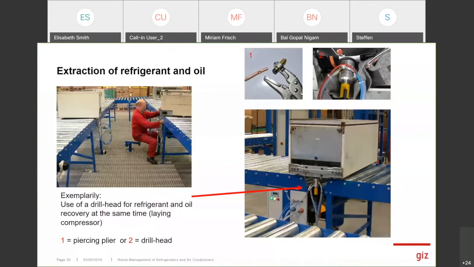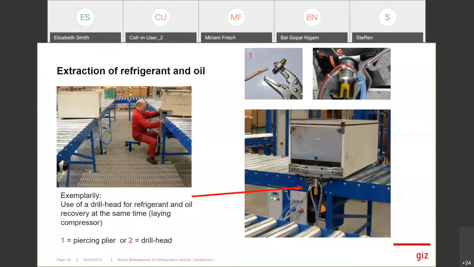The recovery of refrigerant from appliance by the use of a piercing plier is not more complicated, but more time consuming. And it is really not very useful for recovering of oil using this piercing plier on the top left side of the picture.